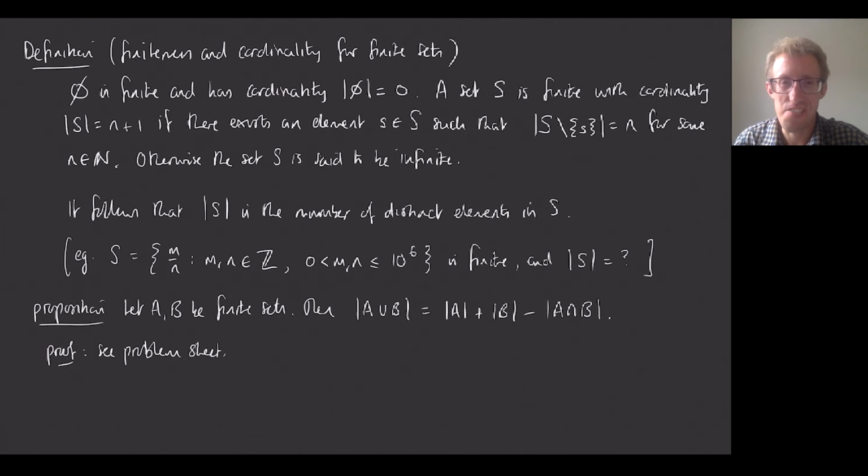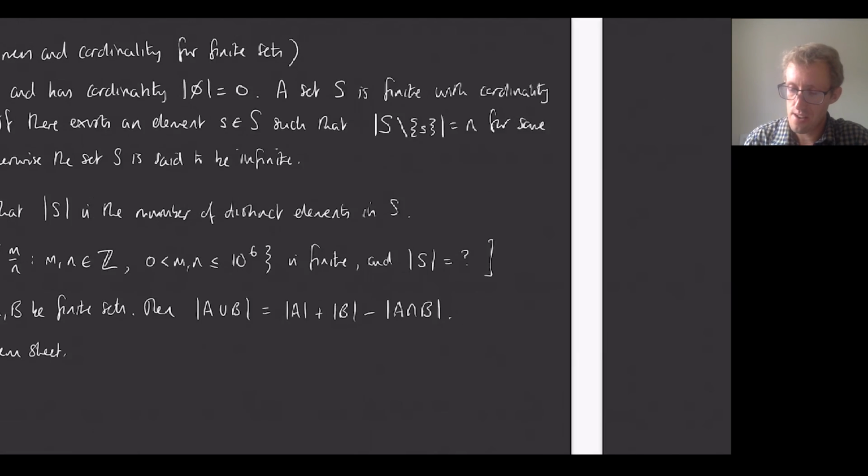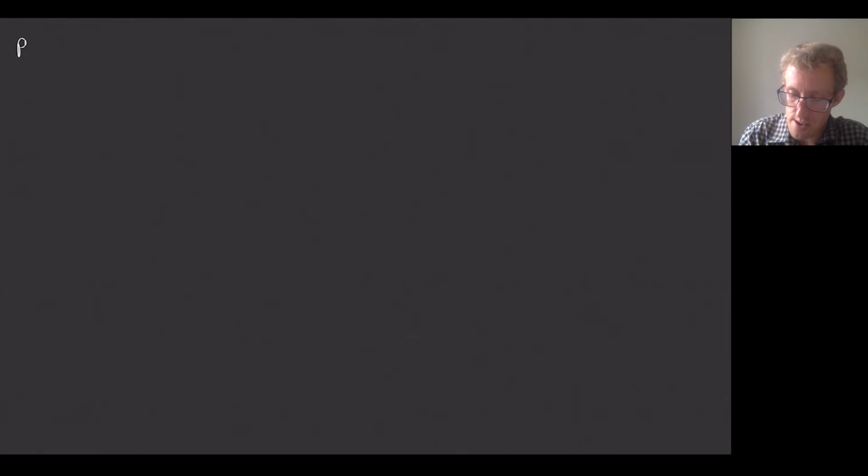This is always a cop-out that the lecturer says when they don't want to bother proving something themselves. Okay, but what I'm going to do is show you a similar kind of proof of a different proposition. This is going to be a proposition to do with the number of subsets of a finite set.